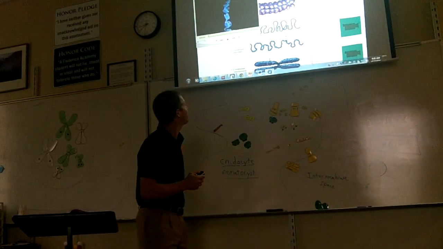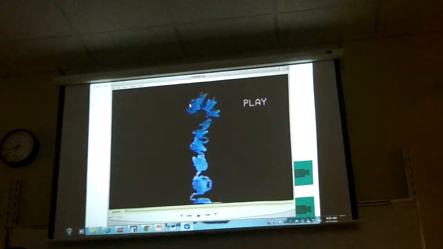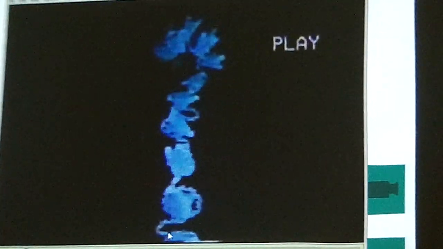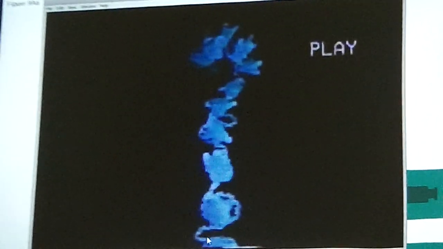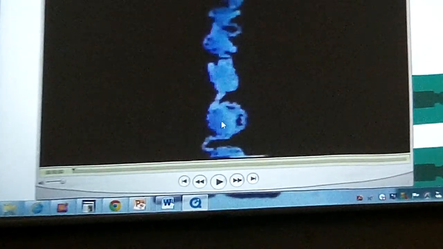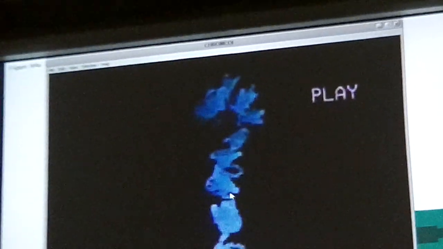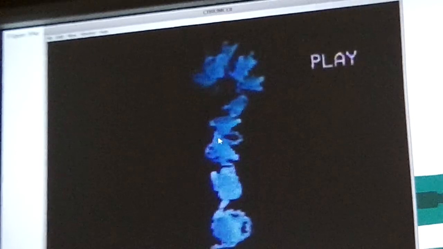Check this out. It's a computer model. And you see that little line there? That's the DNA. And this blue blob there, that's a histone protein. And it's hard to tell here, but the DNA loops around it a couple times, and then goes up, loops around a couple times, and then goes up, loops around a couple times, and then goes up.